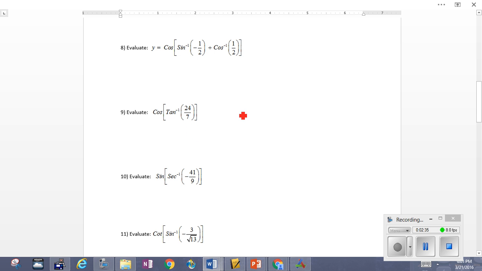So if I'm saying, what is the inverse tan of 24/7, I'm talking about some right triangle where there's an angle such that the tangent ratio, opposite over adjacent, is 24/7.